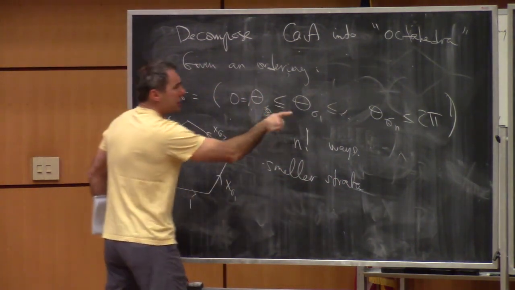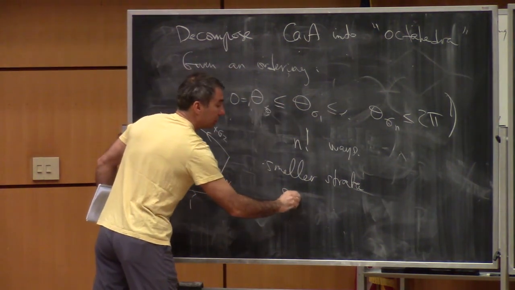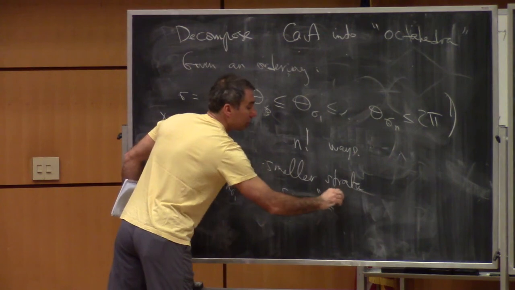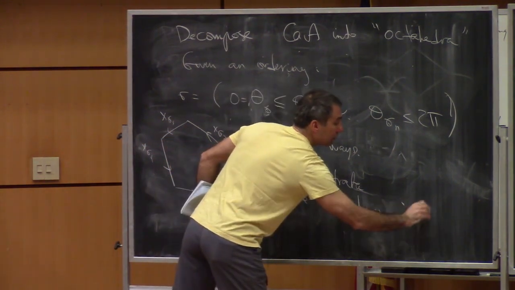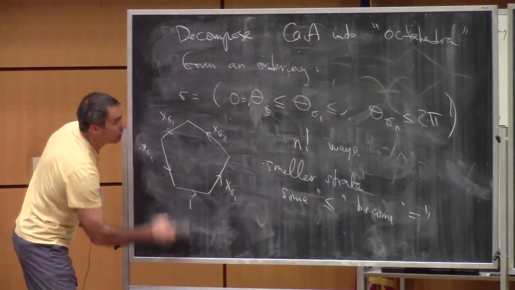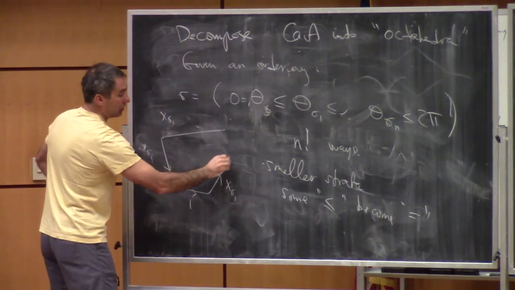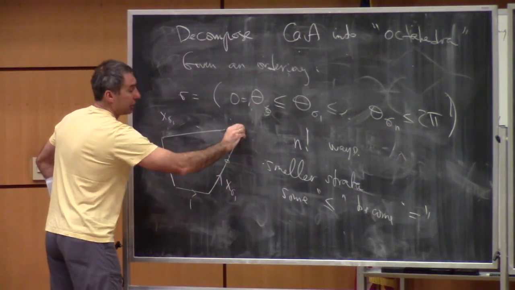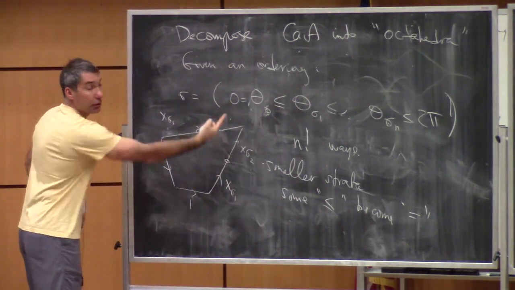The intersections between the strata, of course, show the smaller strata, when I allow some of the inequalities to become equalities. So it means that I'm allowing, for instance, x sigma 3 and x sigma 4 to coincide.